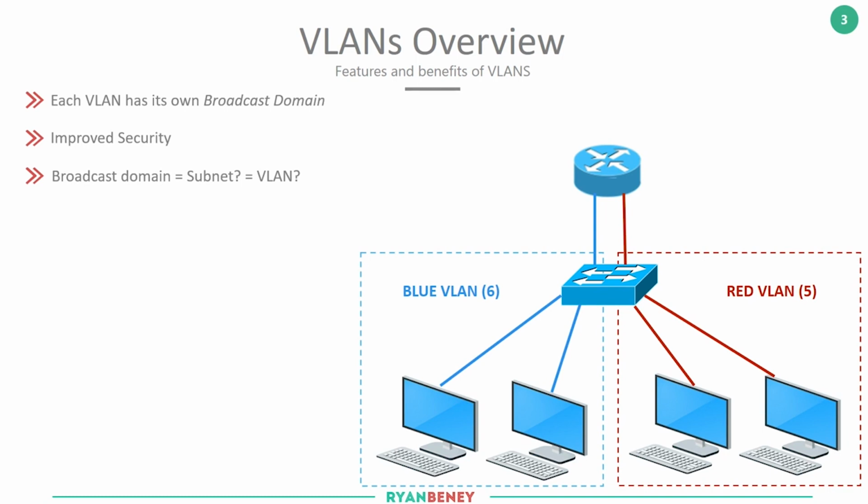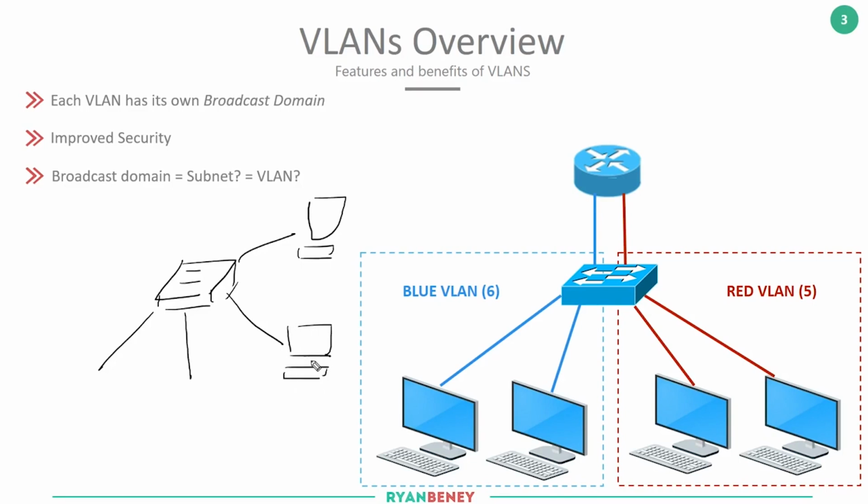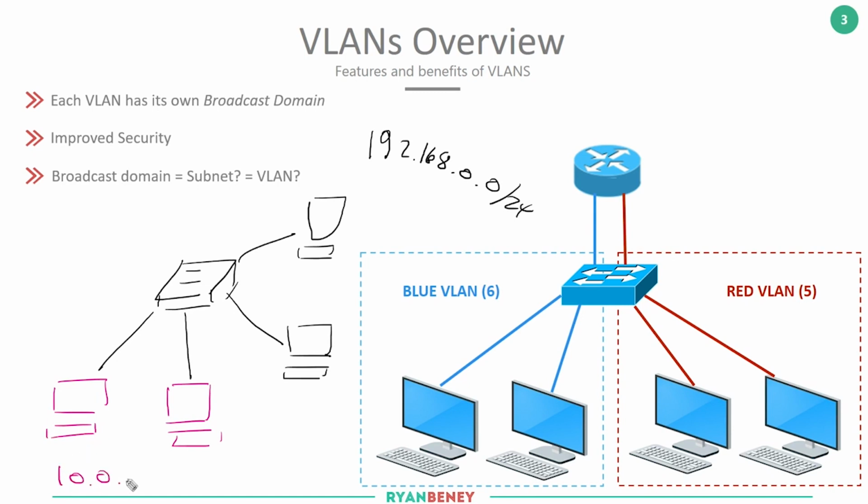That is not good practice, but to give you an example of how that might work, let's say you have a switch, and within this switch you have, let's say, 4 PCs. 2 of these PCs live on 192.168.0.0/24, and the other 2 PCs that you've plugged into the network live on 10.0.0.0/24.